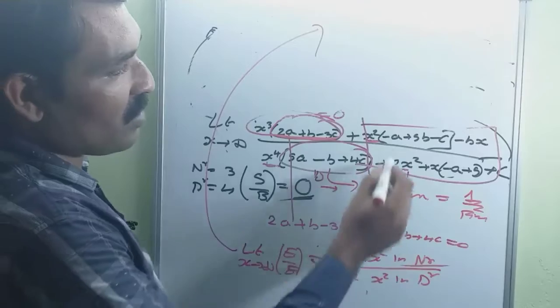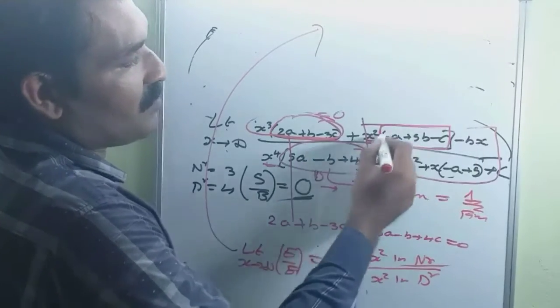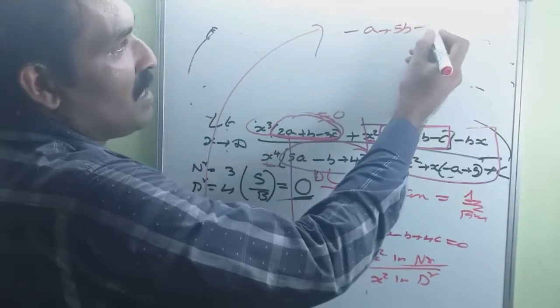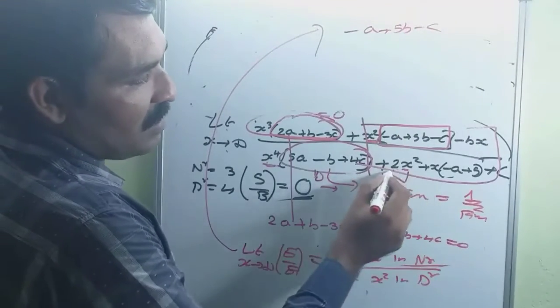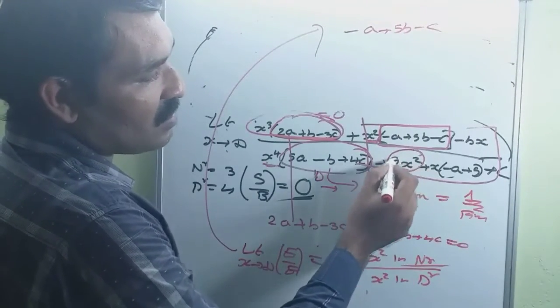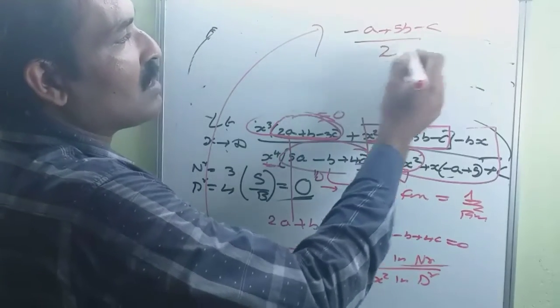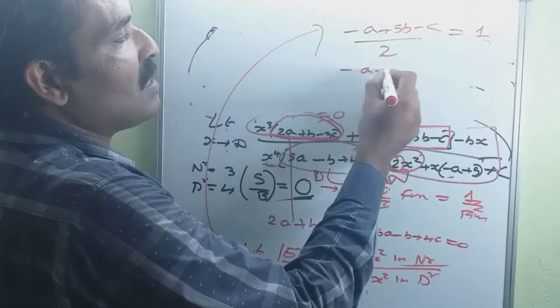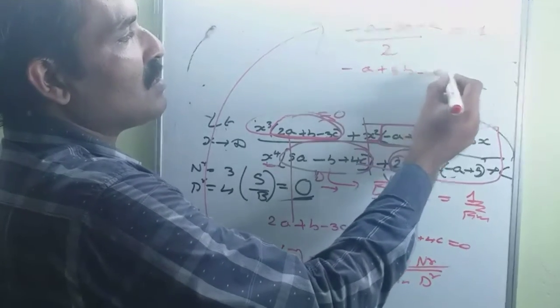What is the coefficient of x square in the numerator? That is minus a plus 5b minus c, divided by the coefficient of x square, which is 2. That is equal to the value of the limit, which is 1. So minus a plus 5b minus c is equal to 2.